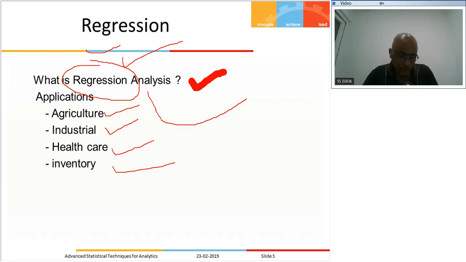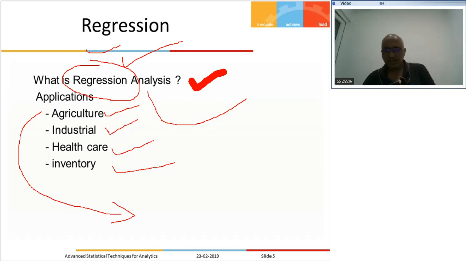So now again I repeat, because understanding the process is very important. We'll see it in 3 steps. Suppose we take an application related to agriculture. We have 2 parameters: the amount of fertilizers and the crop yield.